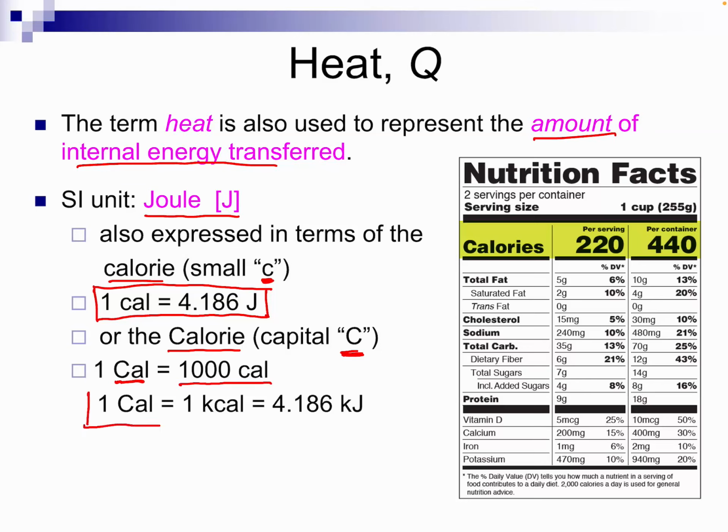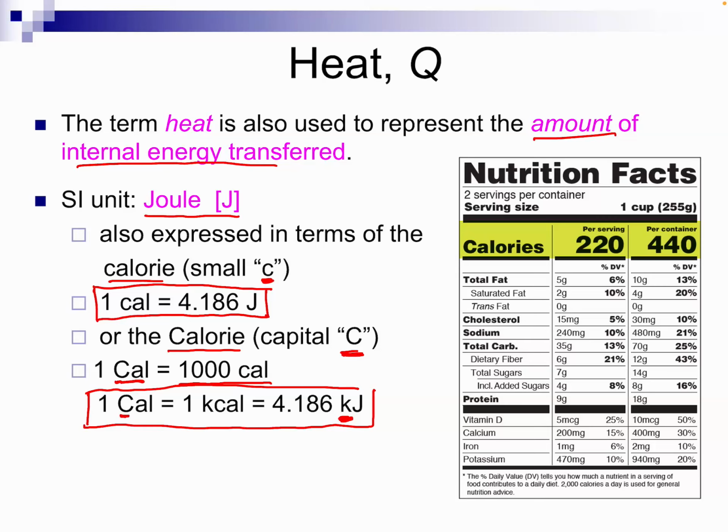Right. So to convert calorie with a capital C to joules, it's essentially multiplying by 1,000, and so you have these kilojoules in the conversion factor from calorie with capital C to joules.